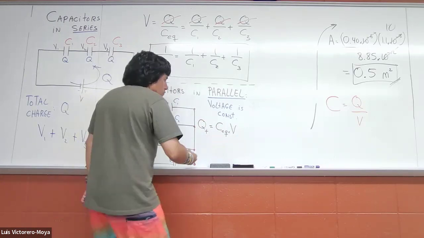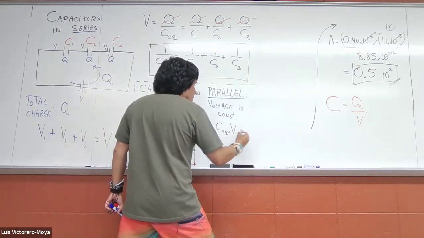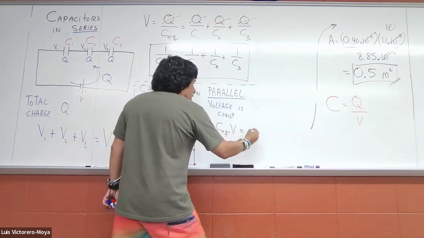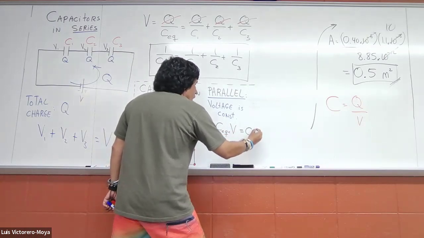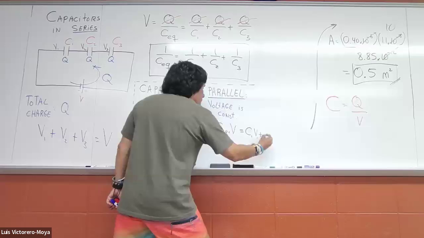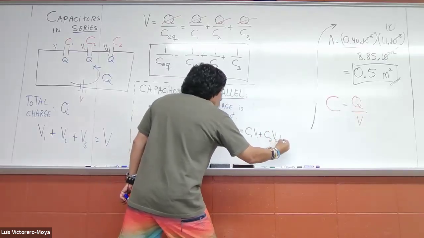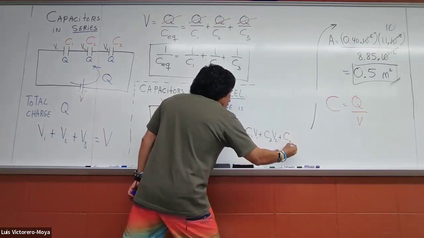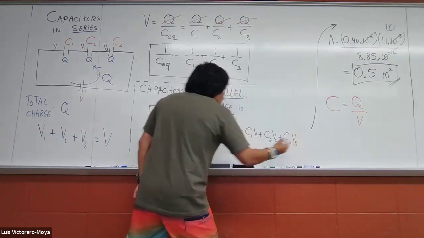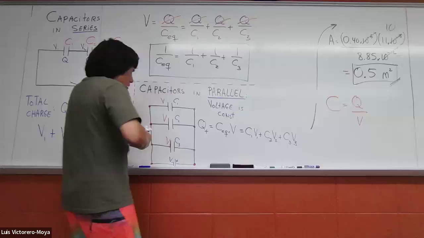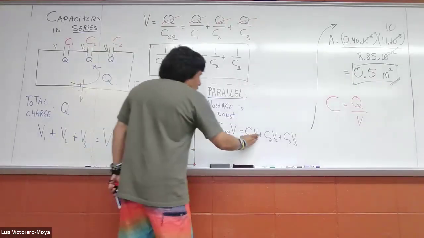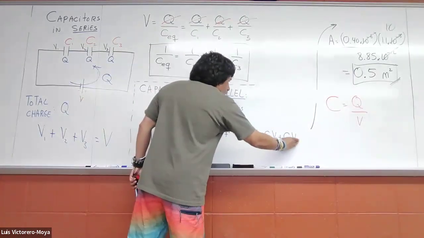That's V. So here you have C1, V1, C2, V2, C3, V3. But that's all V's. So V, V, V.